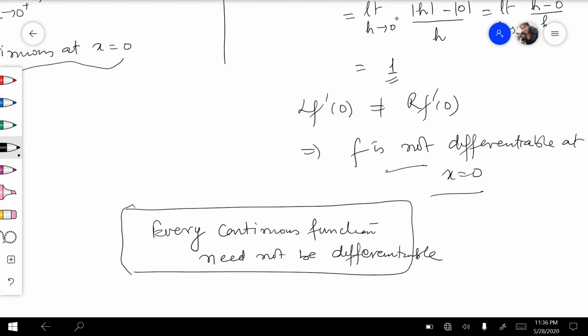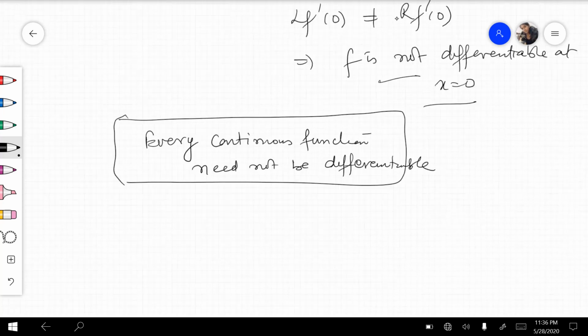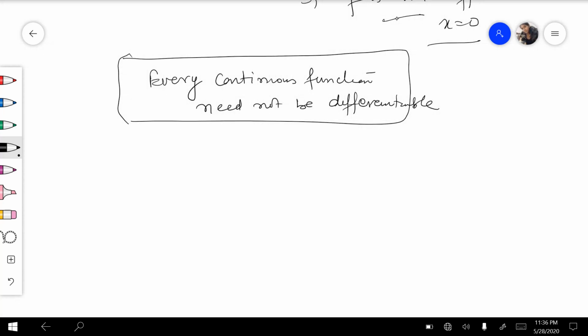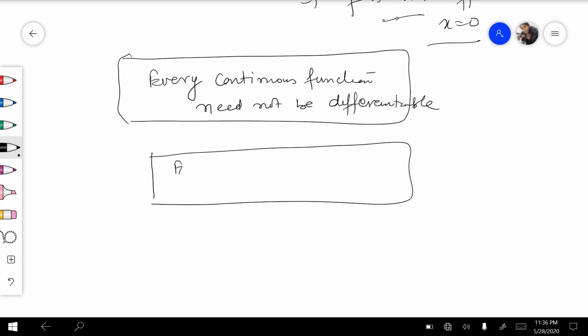Means हर continuous function differentiable नहीं होता. कुछ continuous function differentiable हो भी सकते हैं, लेकिन कुछ functions differentiable नहीं भी हो सकते. लेकिन every differentiable function is continuous, वो हम already theorem prove कर चुके हैं अभी. Every differentiable function is a continuous function.